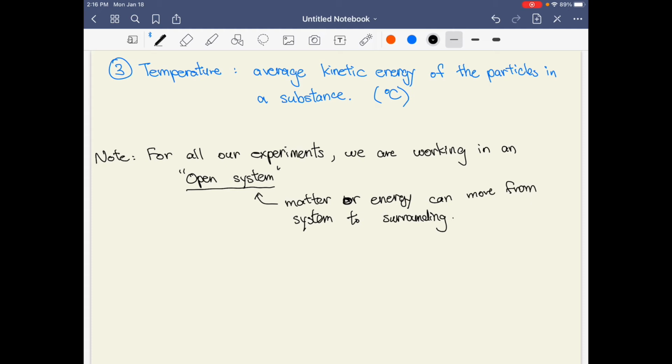We've seen earlier that in a neutralization reaction, heat energy is moving from the system to the surroundings. But in an open system, matter can also move from a system to the surroundings. You can even think of it as losing mass to the surroundings. And that happens all the time.